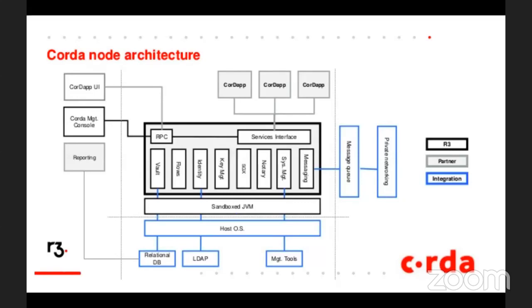It could be JSON RPC or XML RPC. The node infrastructure management console will also talk to the Corda node, Corda services through the RPC. Then the services interface, part of the service hub, will route the RPC request to the respective service like messaging service, system management service, notary service.